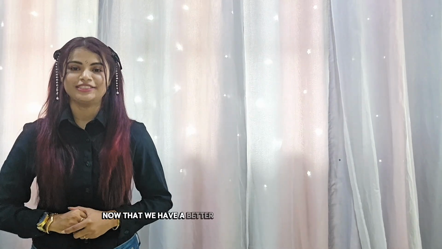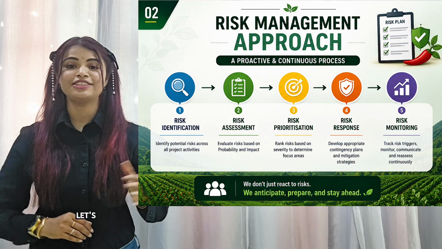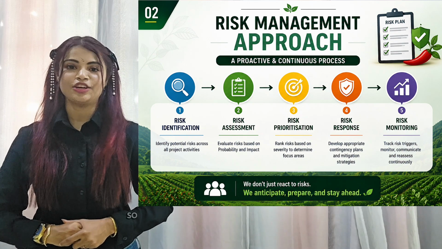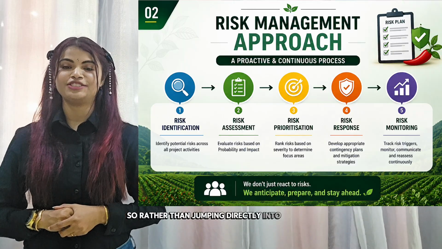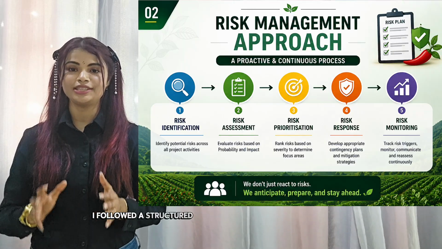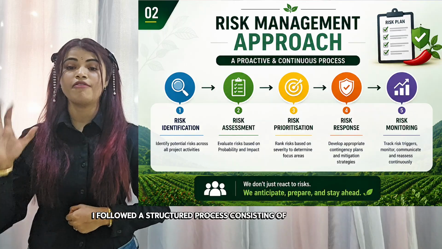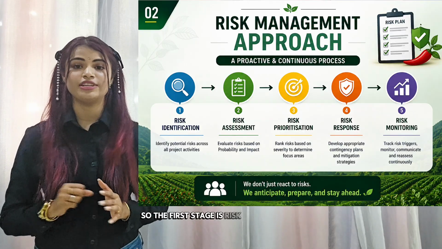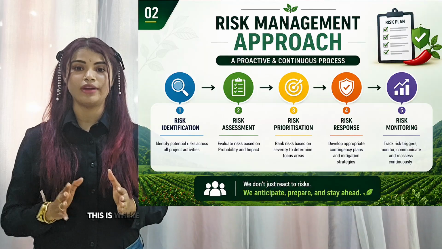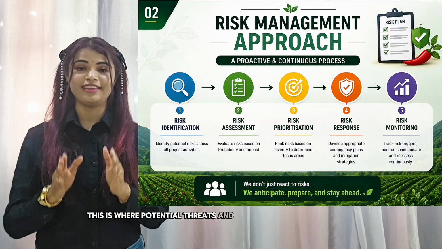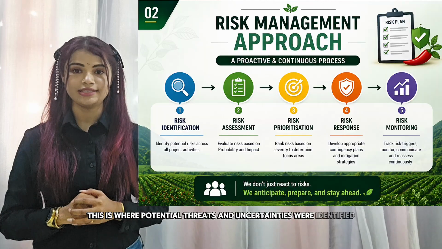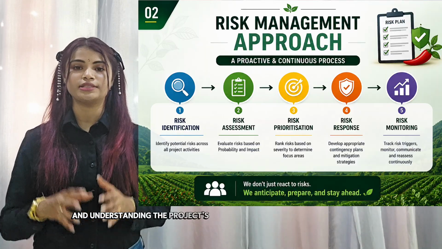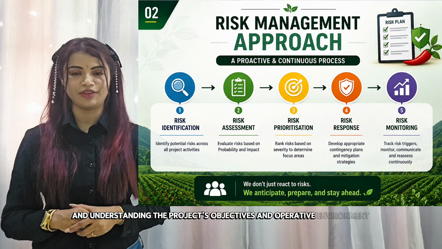Now that we have a better understanding of the project, let's look at the approach used to develop the risk management plan. So, rather than jumping directly into the risk, I followed a structured process consisting of 5 key stages. So, the first stage is risk identification. This is where potential threats and uncertainties were identified by reviewing the project scenario and understanding the project's objectives and operating environment.